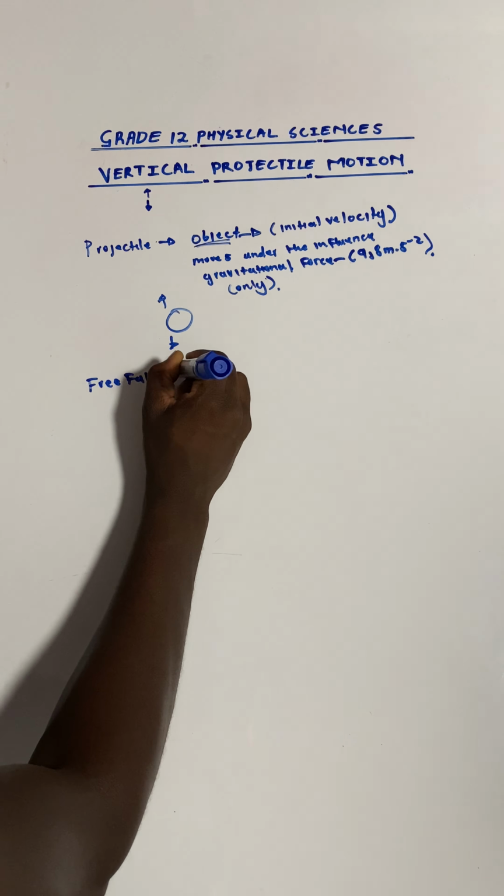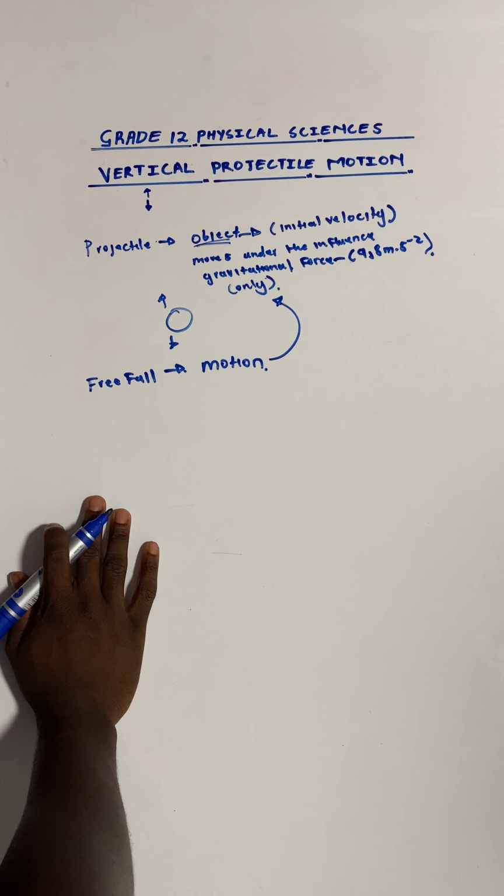Going back to the concept, we are talking about motion with the only force acting on the object being gravitational force. So in simple terms, that's what vertical projectile motion is all about.